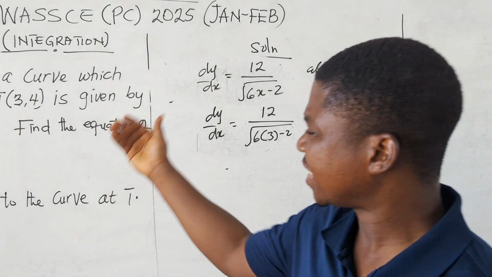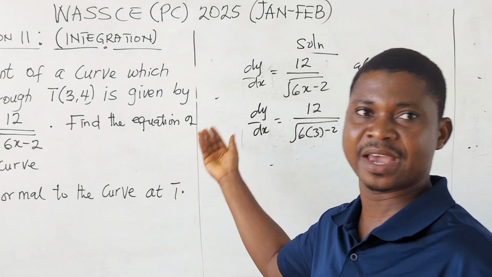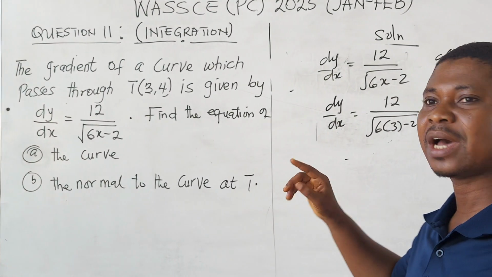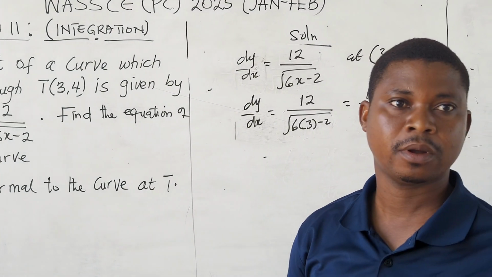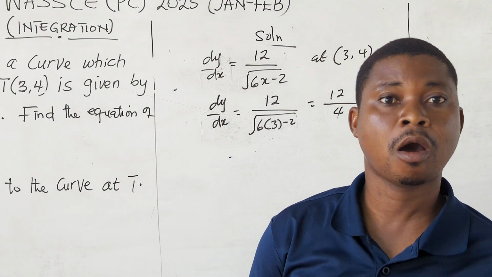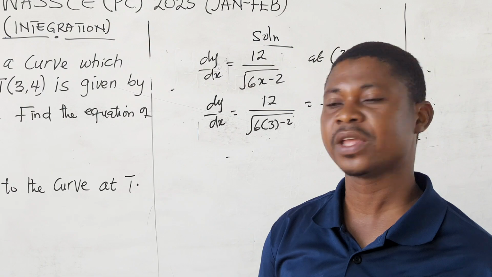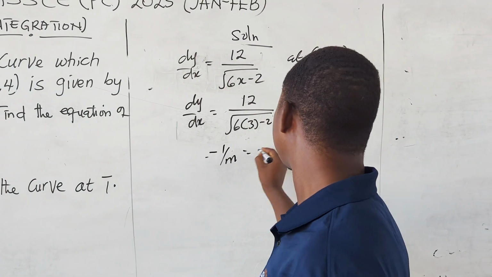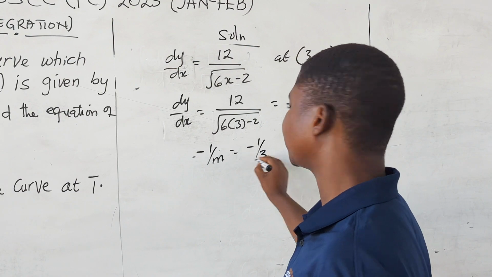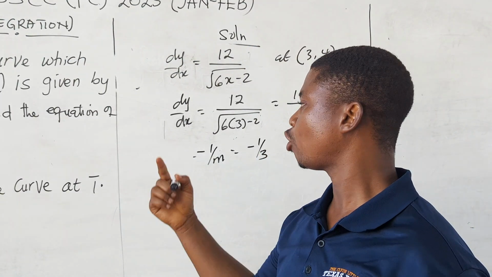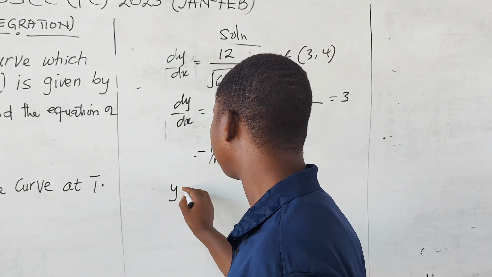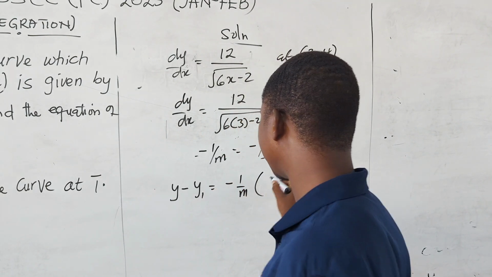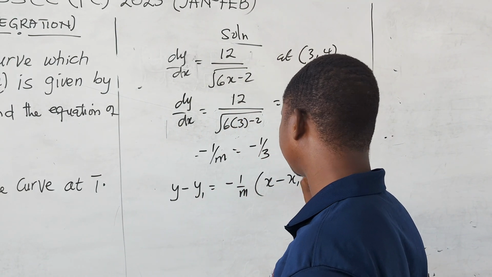But the question says normal to the curve. For the normal to the curve, we have the negative reciprocal of the gradient. The negative reciprocal of the gradient, minus 1 over m, becomes negative 1 over 3. So for the equation of the normal, we use y minus y1 equal to minus 1 over m into bracket x minus x1.